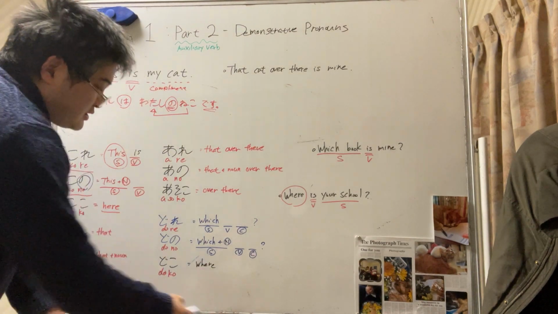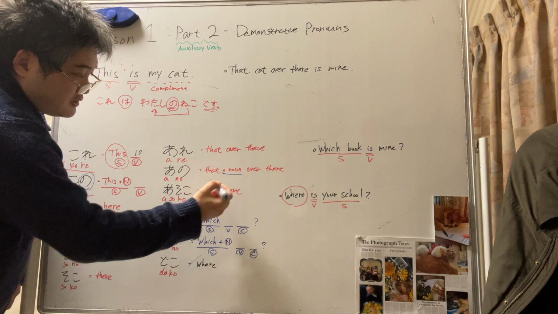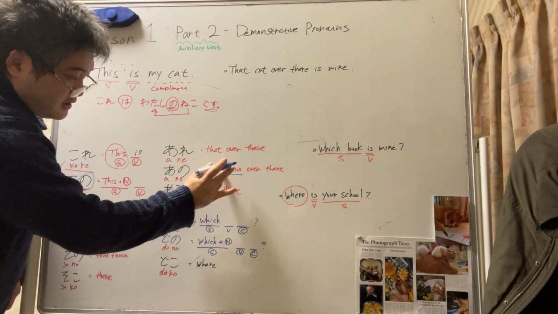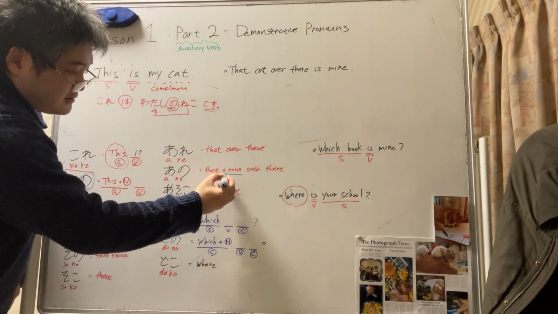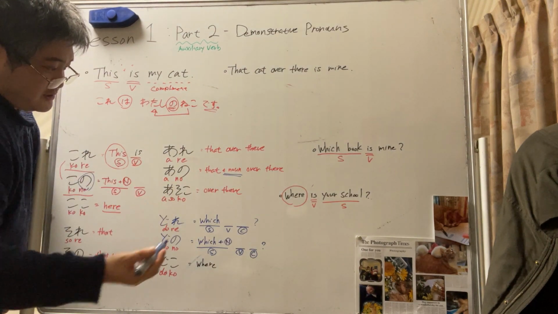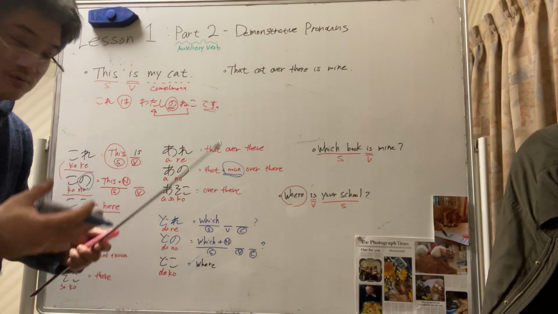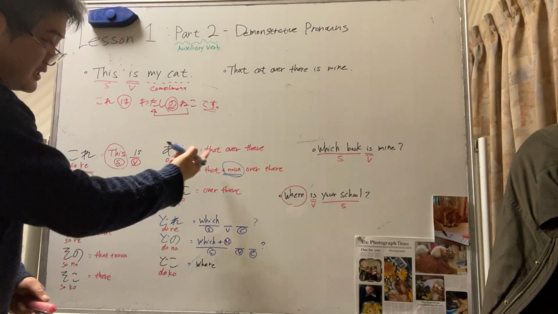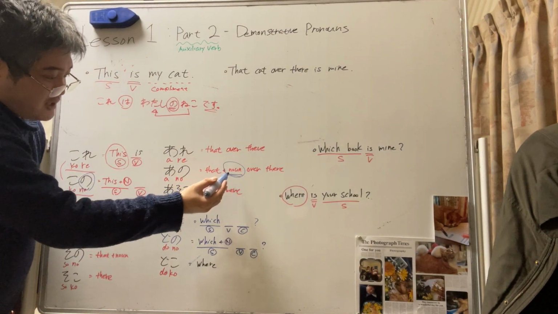This one is fairly confusing. Many students often tend to forget to put this here, because you're kind of injecting a noun inside a fixed phrase like that over there. So make sure to put that.